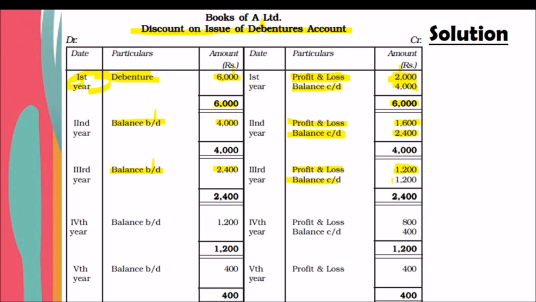Balance available 1,200, brought down for the next year, 1,200. Again this year we are writing off 800 to the profit and loss account debit side. So the balance available is 400, brought down for the last year, 400. And last year the remaining 400 is transferred to the profit and loss account. So after this nothing is available.